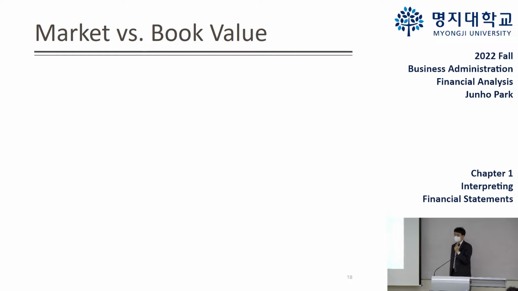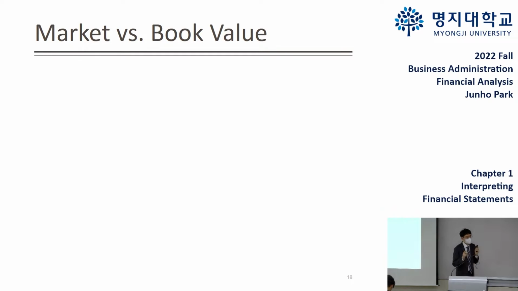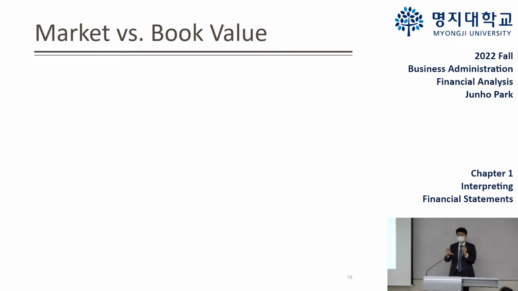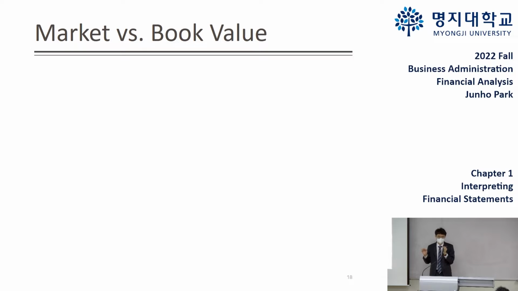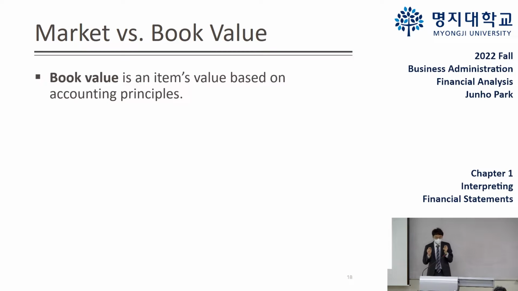Okay, first, we need to understand the difference between market values and book values. All right, so basically, the numbers written in the financial statements are called book value because they are written on a book, and it is an item recognized by the accounting principles.